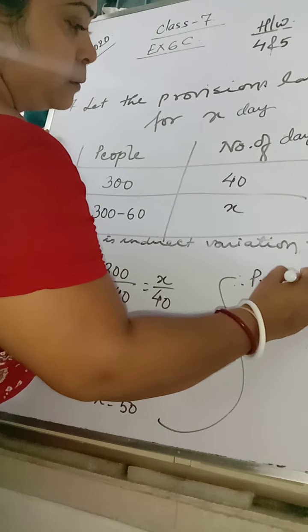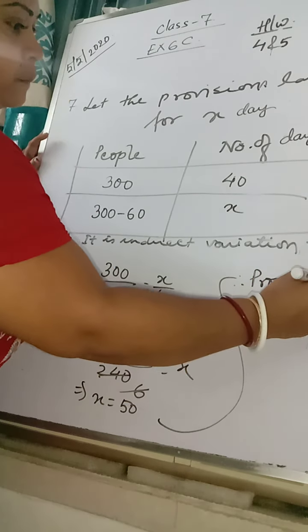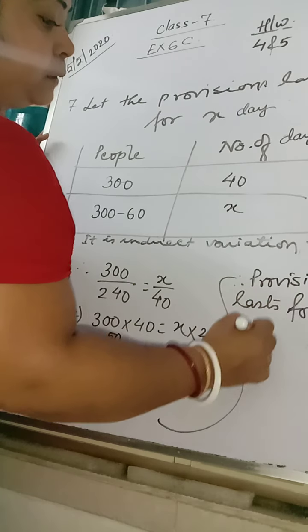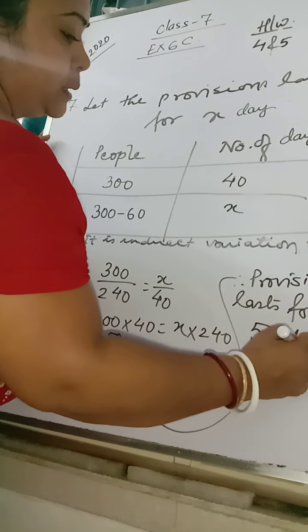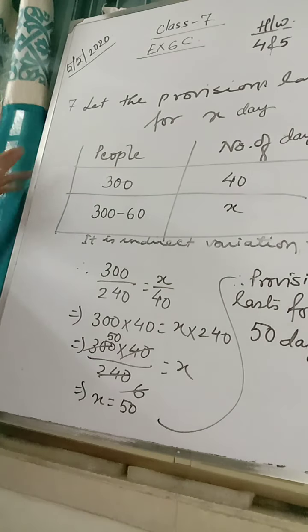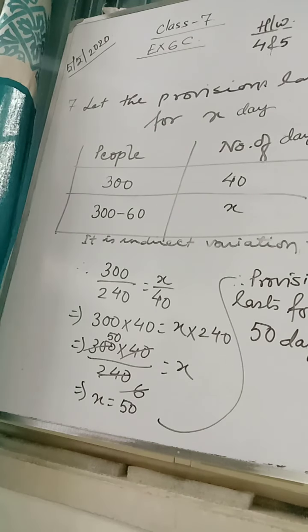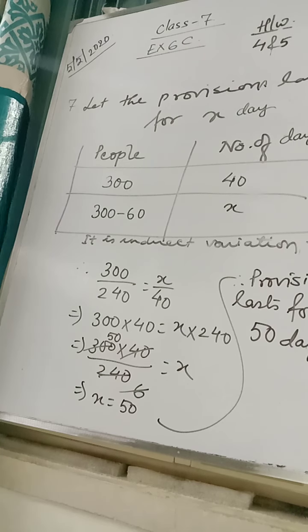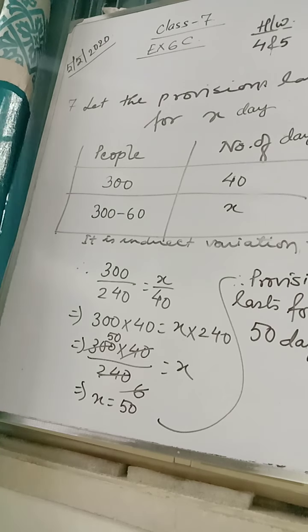Provision lasts for 50 days. Question 8. Twenty men can finish a piece of work in 30 days.